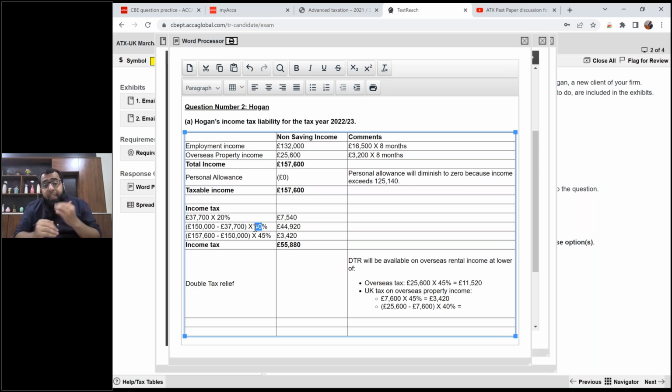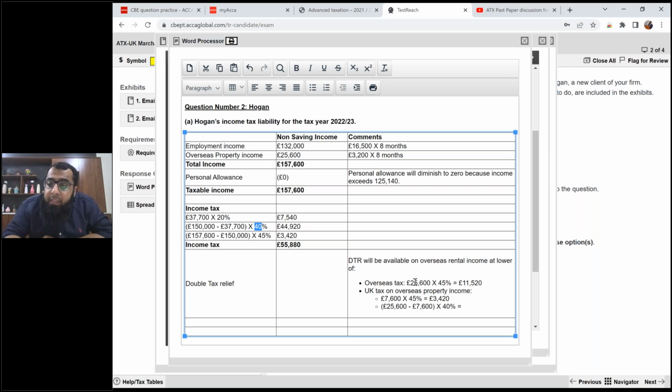See, if someone is getting confused in this rule, this is one of the topics which is a bit difficult when we study it. I know that some students have given me the answer in the question tab, but some students may have got confused. When we are calculating the double taxation relief, we tax overseas income at the highest slice, at the end portion, so that the DTR gets maximized.